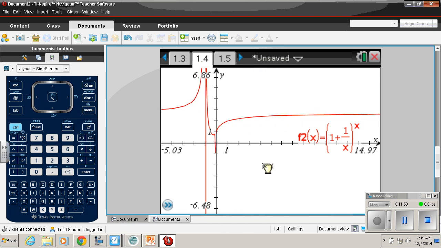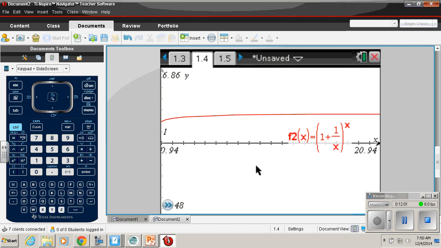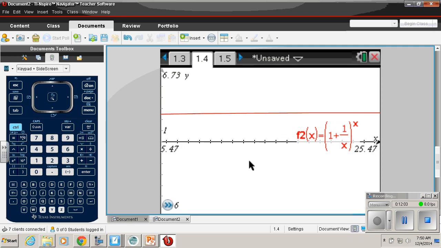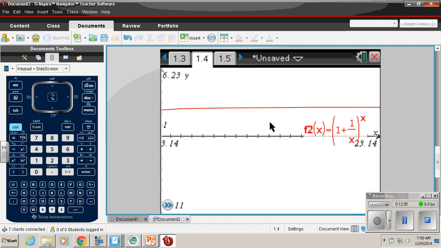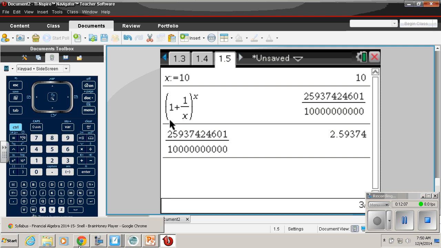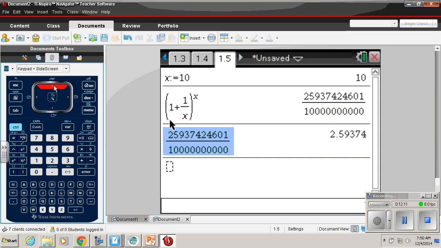But let's see if we expand this, we keep going. Well, maybe it's getting closer to 3. So the graph's hard to tell, so we're going to do this algebraically. So I'll put in 10 first, and I get 2.59. You don't have to start with 10, you can do any number. And it doesn't have to be multiples of 10 either.